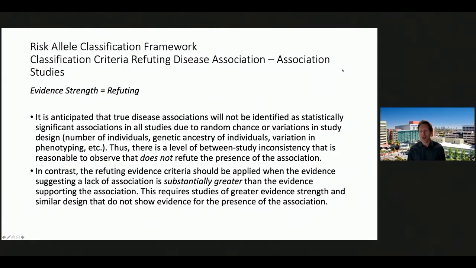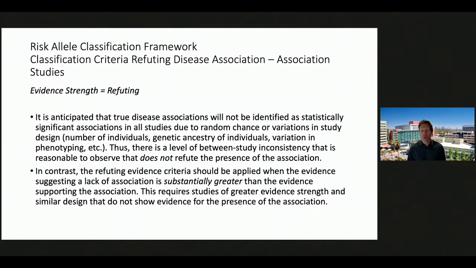That depends on random chance, the study design, and the number of individuals. So we recognize, as you can see in the first bullet point, last sentence, that there is a level of between study inconsistency that is reasonable to observe and does not refute the presence of an association. So that's normal. But there are scenarios in bullet point 2 where an assertion was made, and now we do a much larger, well-controlled study, designed in a similar manner, and the association's not there.